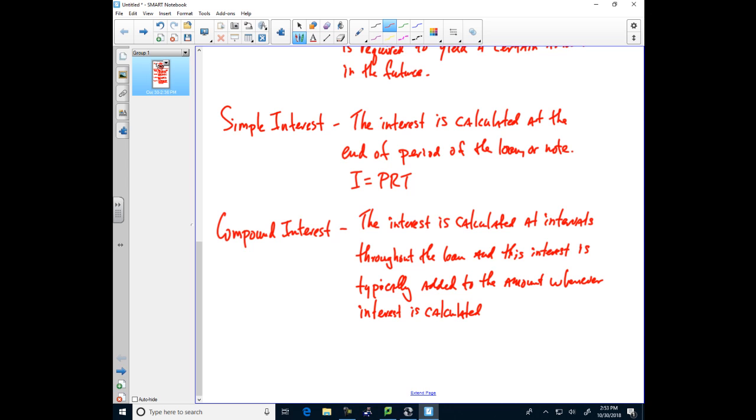Now here's the interesting part. Therefore, the next time, let me fix that.